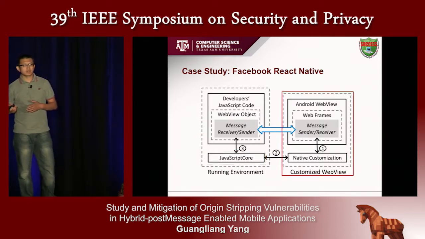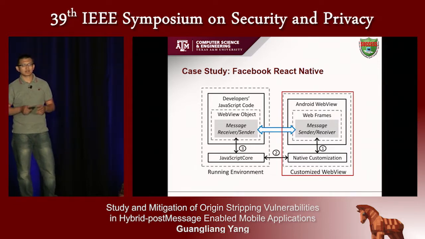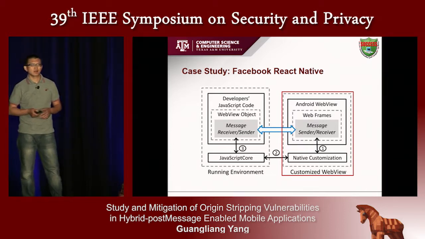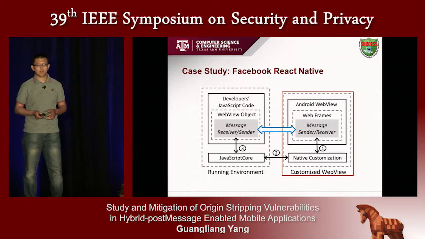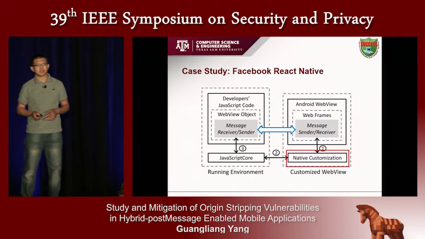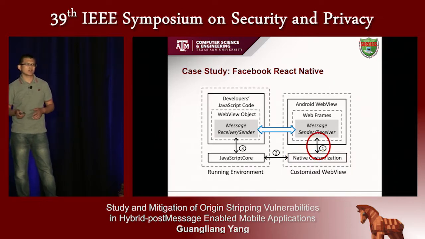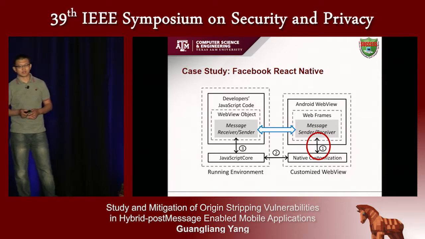In the framework, Android WebView is also well supported, and beyond that, more functionality and rich APIs are enabled, as React Native provides some customization. OSV Hunter successfully identified the Hybrid-postMessage implementation between WebView and the customization, and also found OSV exists in the implementation.